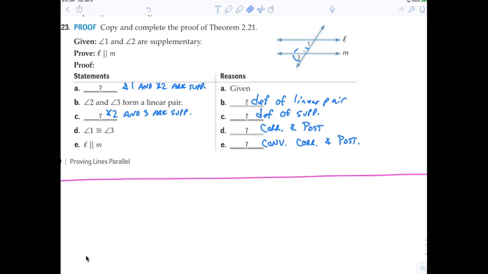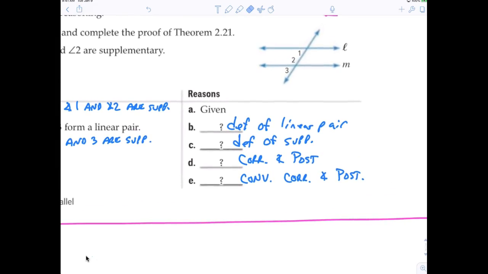If I said to you right now, after we've proven this, angle 1 and angle 2 are supplementary, then we can automatically say the lines are parallel. Why can we say that now? Because we just proved the consecutive interior angle theorem. Is everybody with me on this?